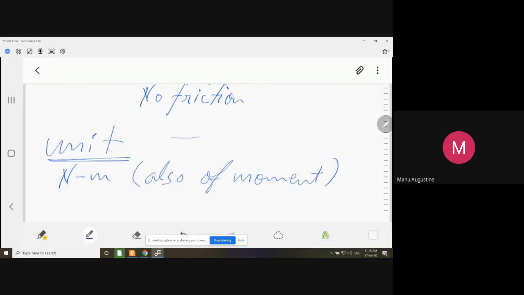The unit of moment is also Newton meter. The unit of work can also be written as Newton meter, or rather, the definition of work itself goes by the concept of a single Newton force acting on a body and moving it through a distance of 1 meter.